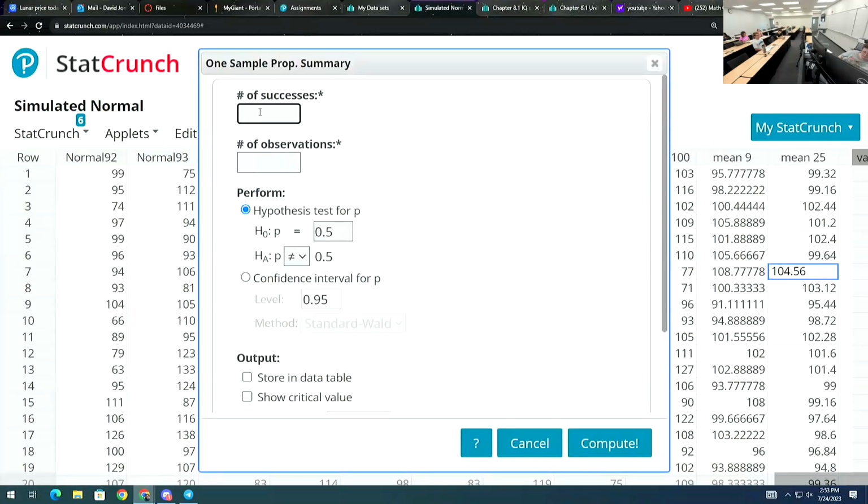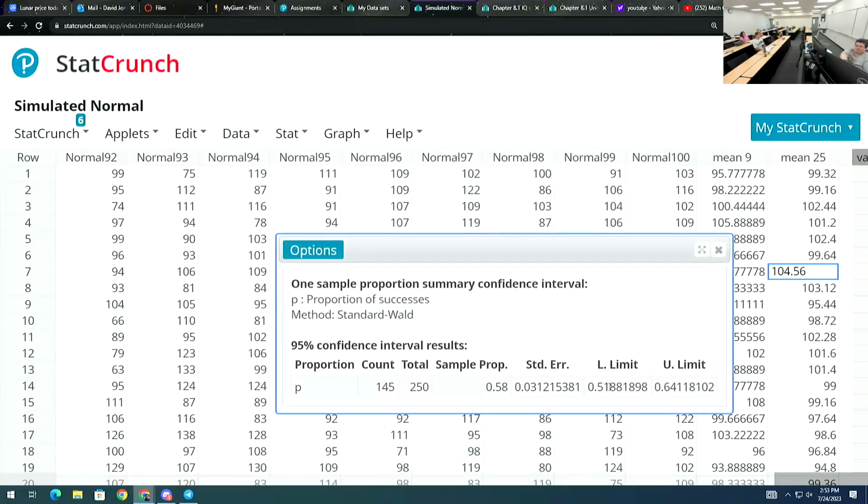I said we had 145 cases. 145 people said yes out of 250. And I'm going to say I want a confidence interval for P. And you just have to tell it what your percentage is, 0.95. If I want a 95% confidence interval, it gives me the lower limit as 0.5188 and the upper limit as 0.6411.